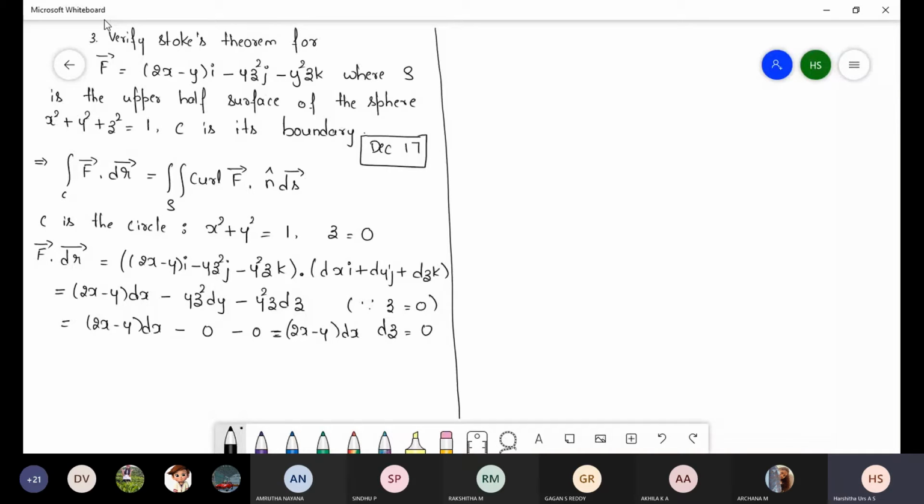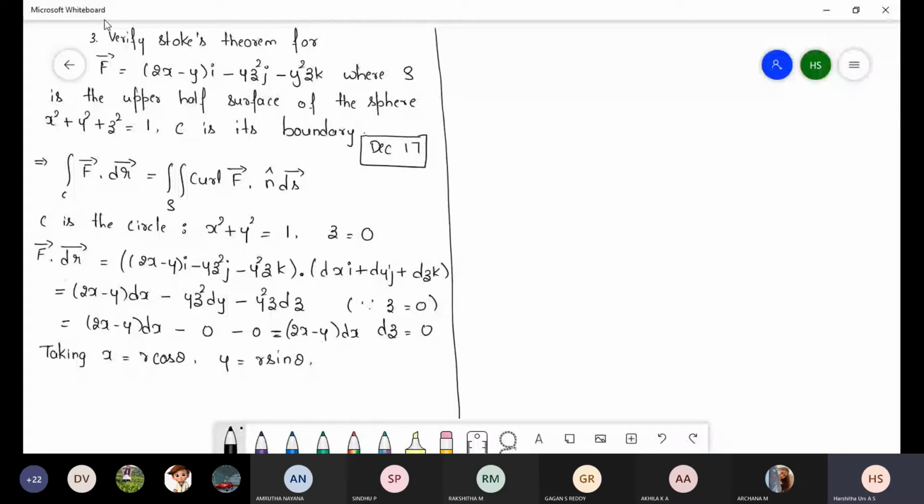As they have given the circle, we use the parametric equation. So taking x is equal to r cos theta, y is equal to r sin theta, where theta varies from 0 to 2 pi.